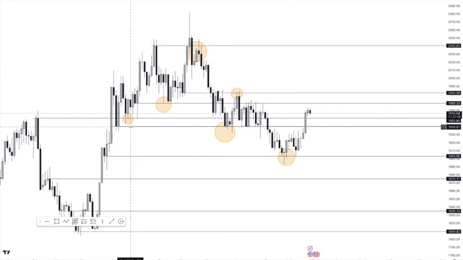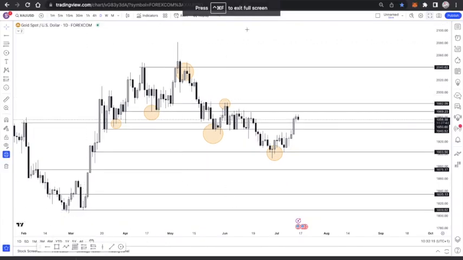Because okay, let's just make a trade example of these zones. Let's just look into one of them.